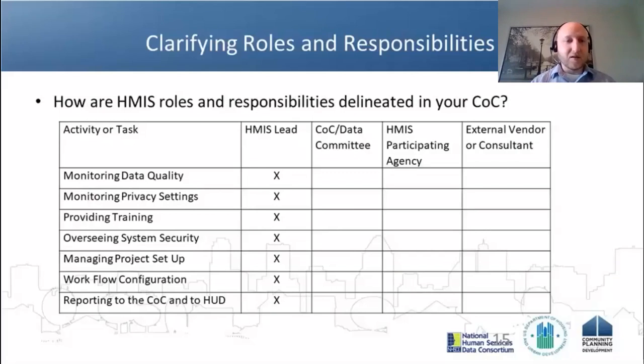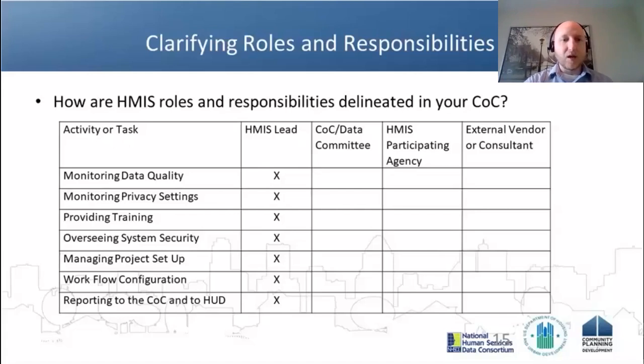Chances are the HMIS lead is responsible for a lot. Maybe you're solely responsible for everything: monitoring data quality, monitoring privacy settings, providing training, overseeing system security, managing project setup, workflow configuration, and then finally reporting to HUD and the CoC. This tends to be the most common model.